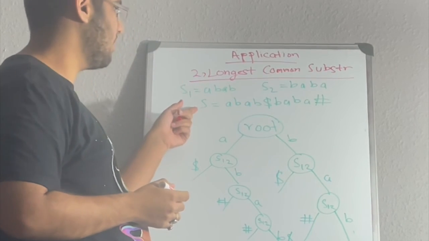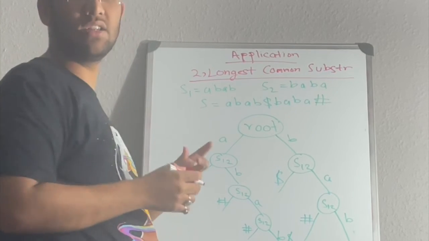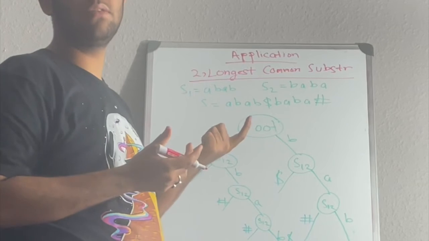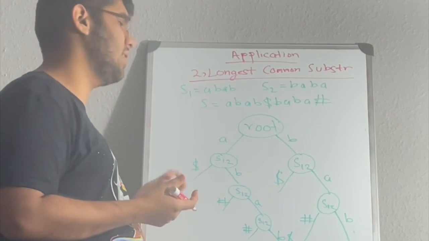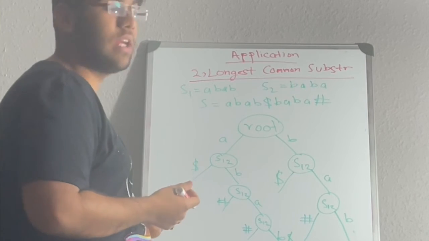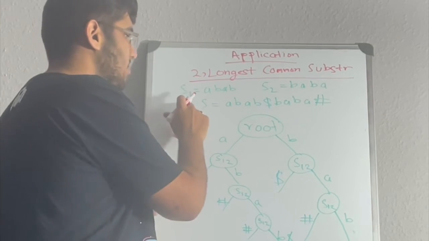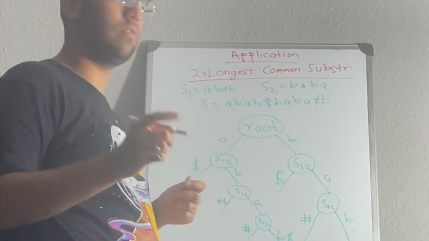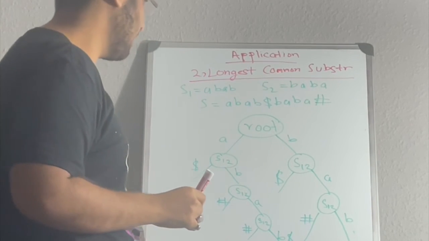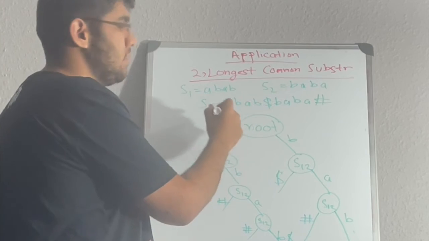In the problem we need to return the length of the longest common substring, or maybe the string itself, not just the length. So we'll concatenate the two strings into a single string, then make a suffix tree. For example, we combine these two and then make a suffix tree.